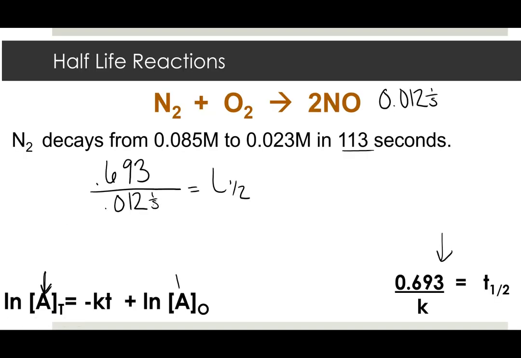We've got 1 over seconds on the bottom. Again, crazy algebra, that tells me the unit here is going to be seconds. Then I take 0.693 divided by 0.012, and the half-life for this is 57.8 seconds.